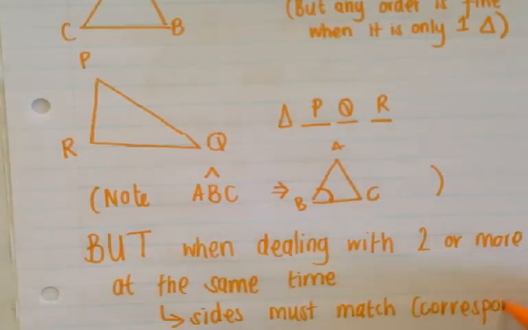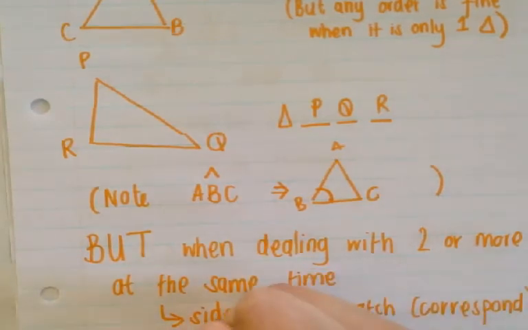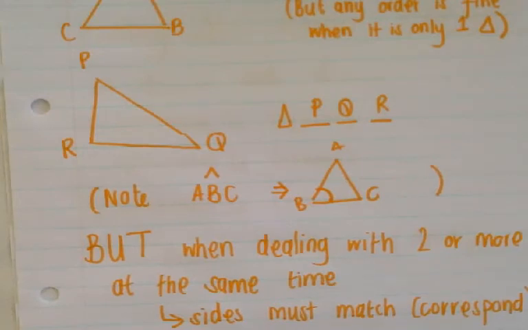Just like we matched sides earlier, we still need to match sides. So if we are matching sides, that means we must match the names as well.